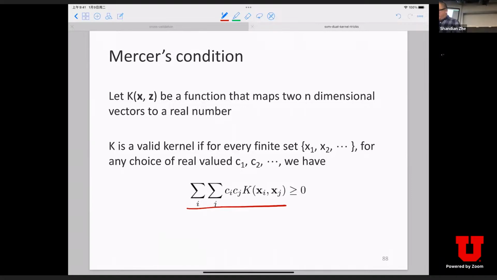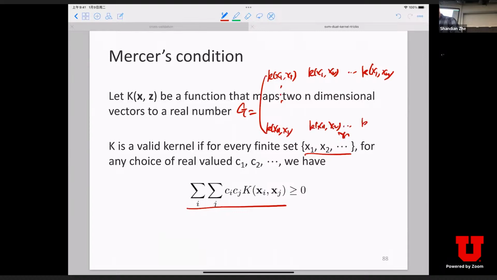It just means for any finite set of vectors, say x1 to xn, if I calculate this matrix G in terms of K, it's K(x1, x1), K(x1, x2), K(x1, xn), K(xn, x1), K(xn, x2), K(xn, xn). This is an n by n matrix. This line just tells you G is positive semi-definite.